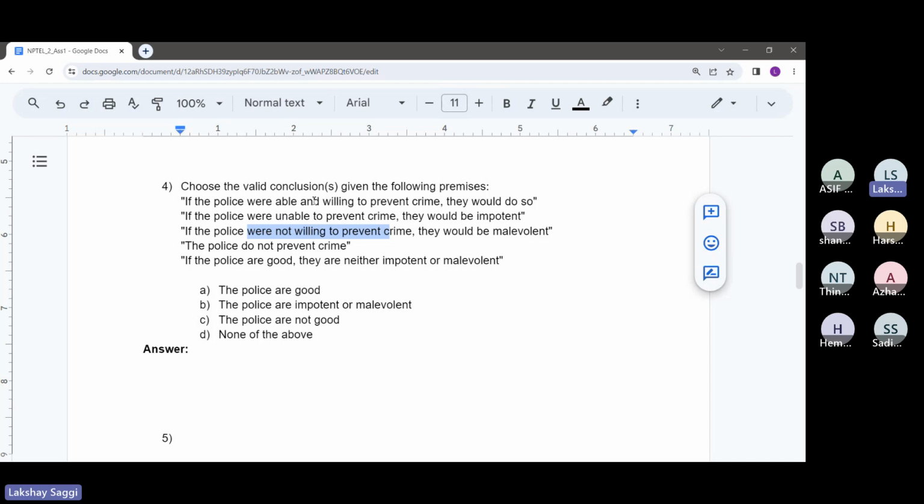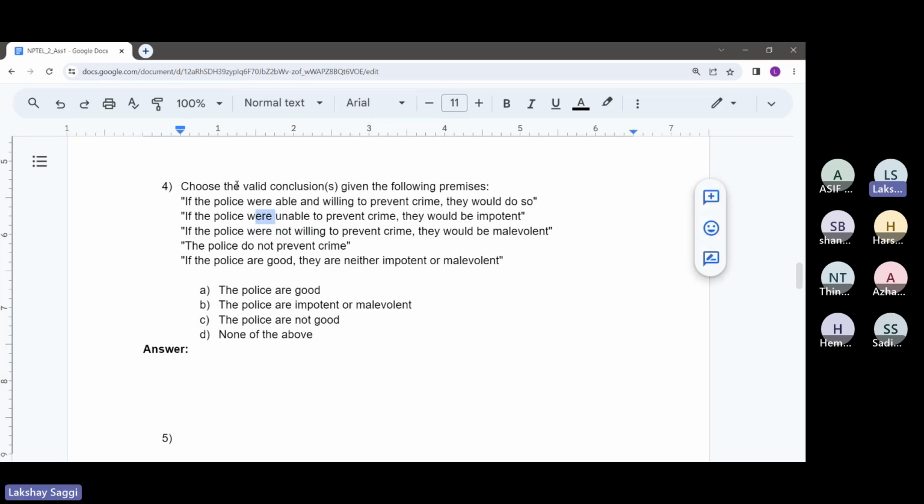Crime cannot be stopped because of two reasons. Either they are not willing or they are unable. Or both of these is also applicable, like they are willing but not able to prevent crime. At that time also crime will not be prevented.